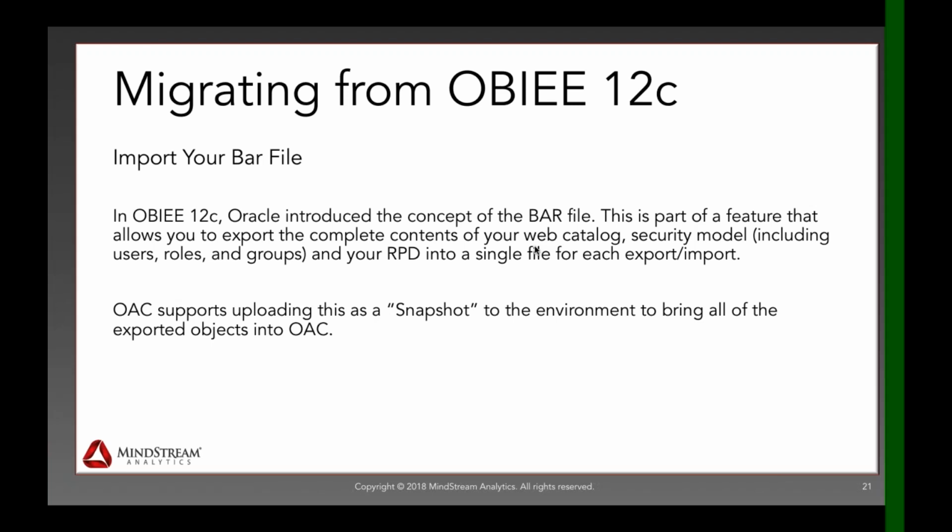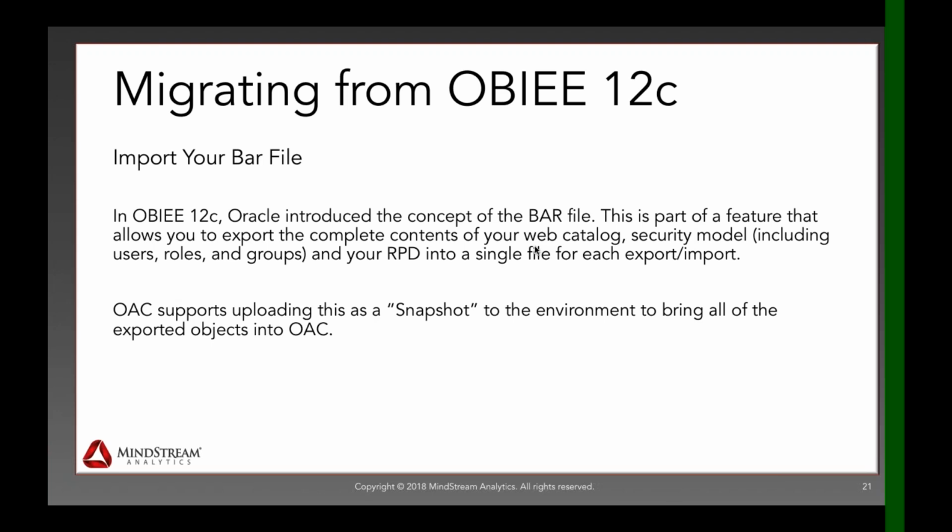It's a file that can be generated that exports the security model, the web catalog, and the repository into a single file. Within 12c, that's great because you now have the ability to take a snapshot of your environment and export it. You can use that for backup and recovery, for migrating entire environments, or to quickly stand up new environments.